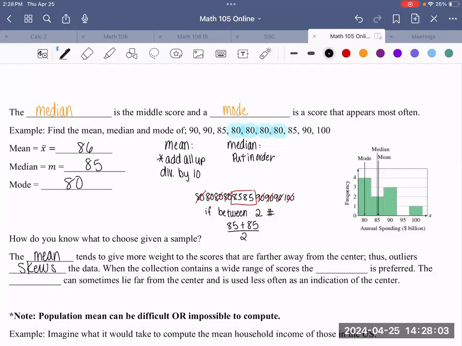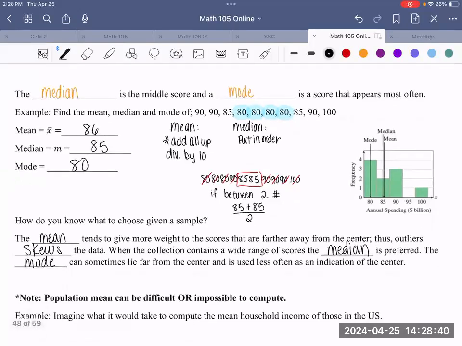Now, when the collection of items contains a wide range of scores, so it's very dispersed, the median is preferred. So when you have a really big range, the median is what you want to go to. We're just using the mean so often that sometimes we fail to remember that there are other options available to us. Now, the mode can sometimes lie far from the center and is definitely used a lot less often as an indication of the center.